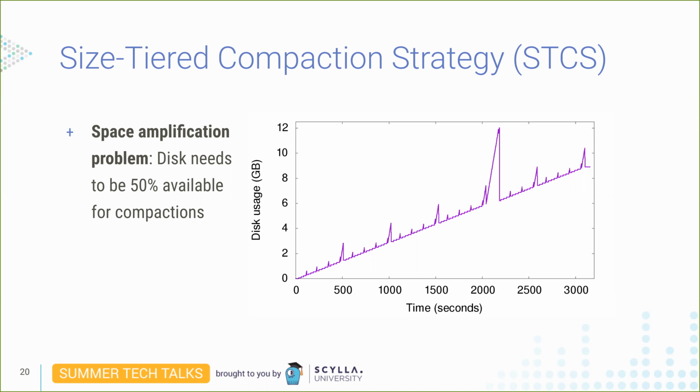So the input SSTables cannot be deleted until we finish writing the output SSTable. Right before the end of the compaction, we have the data on the disk twice, in the input SSTables and the output SSTables. We temporarily need the disk space to be twice larger than the data available in the database. So for this compaction strategy to work, we need the disk to be half available all the time.